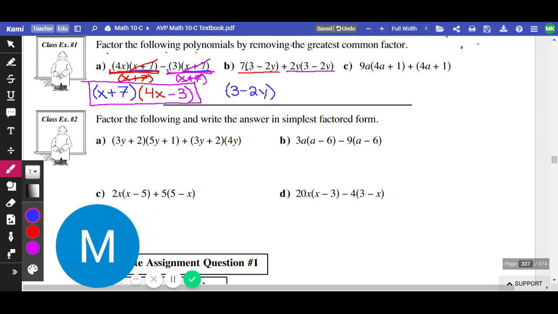You see that 3 minus 2y there, and 3 minus 2y there. When I take that as the GCF out, so I'm taking out that entire binomial, I'm left with a 7 from the red side and a positive 2y from the purple side. That's my solution. I've unmultiplied this thing.